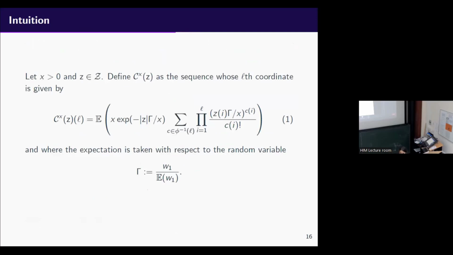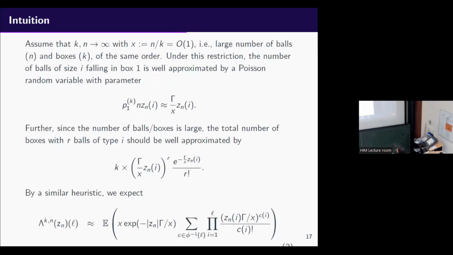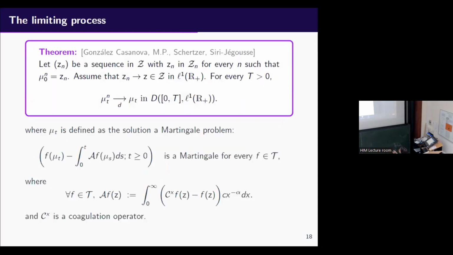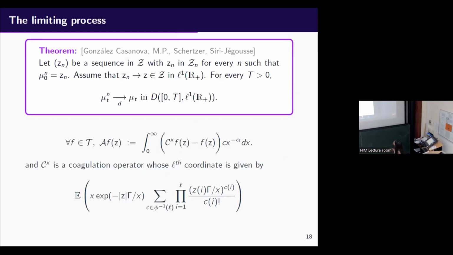So this sort of Poisson coagulation of things, where this gamma is the random variable that basically gives me the size of the balls, of the urns, sorry. Okay, so basically, here I have again the description of the coagulation operator C.